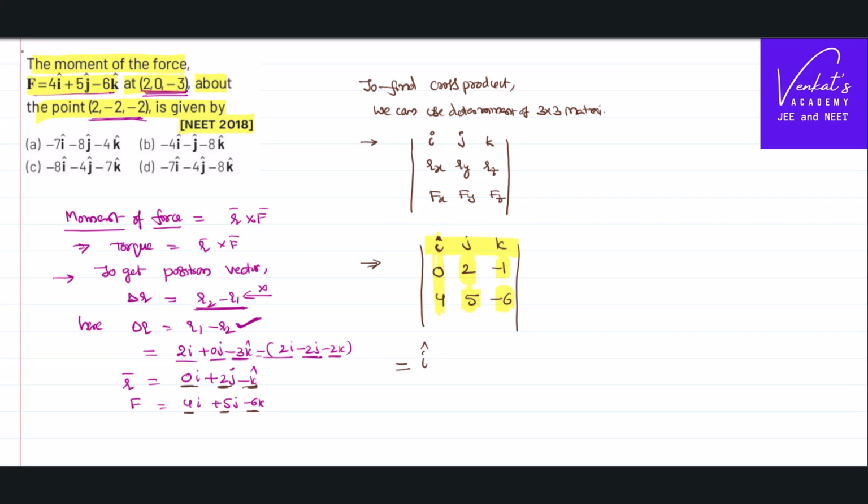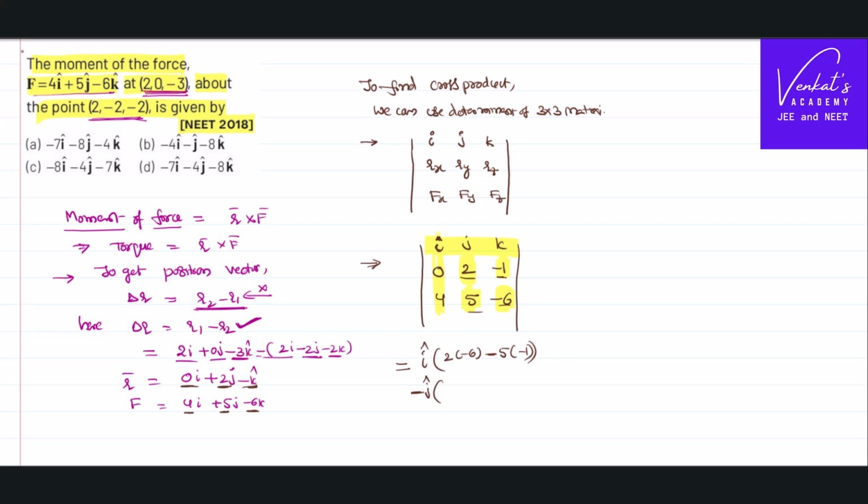So how do I write that? AD means 2 into minus 6, minus BC means 5 into minus 1. Be careful, this is AD minus BC, and that is of i cap. For j cap, I have to add a minus: minus j cap of.